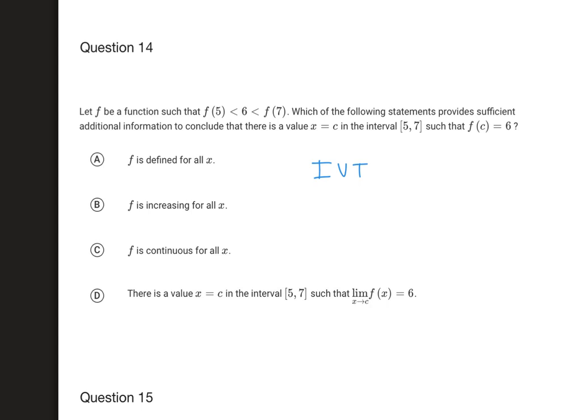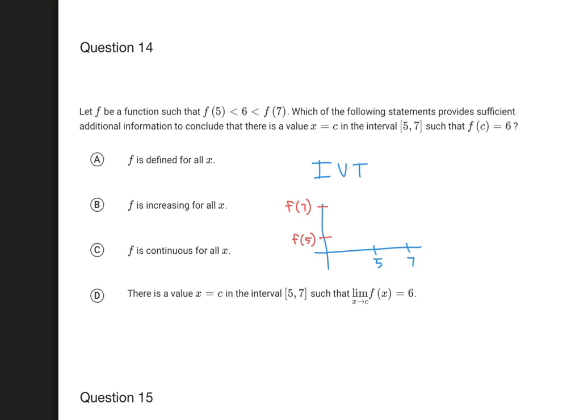And another way to say that is, I'll give a little example. So let's say that's 5 and that's 7. Okay, so let's say f of 5 is down here. Okay, let's say f of 7 is up here. Okay, and in order to satisfy this, that means that 6 has to be somewhere in between f of 5 and f of 7.